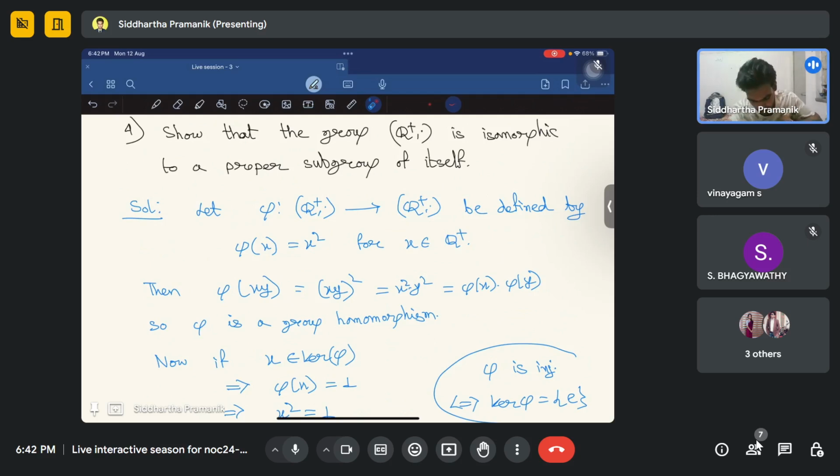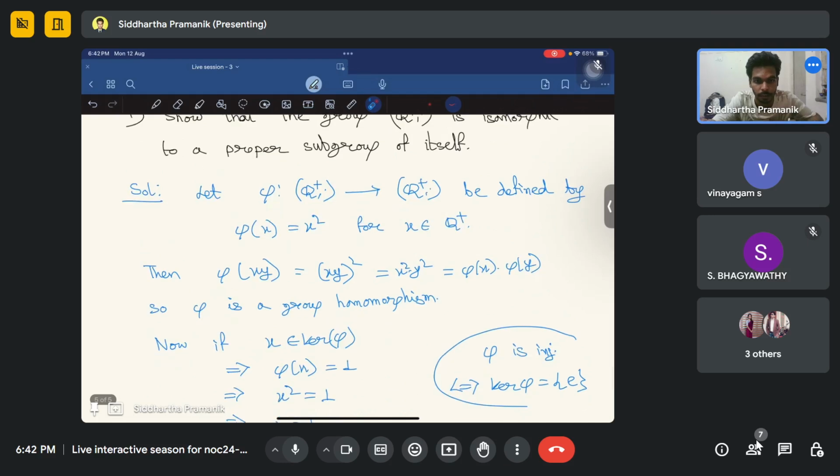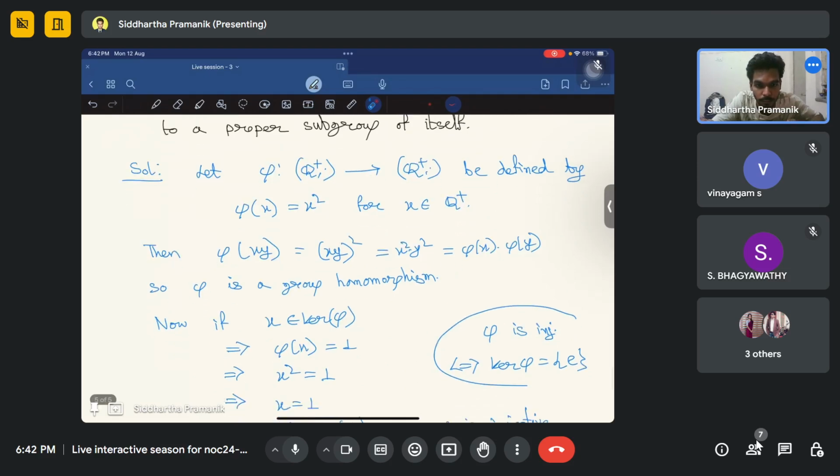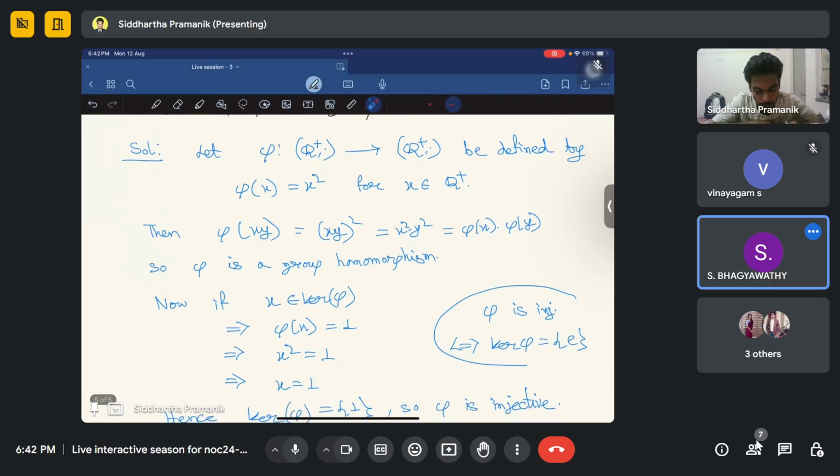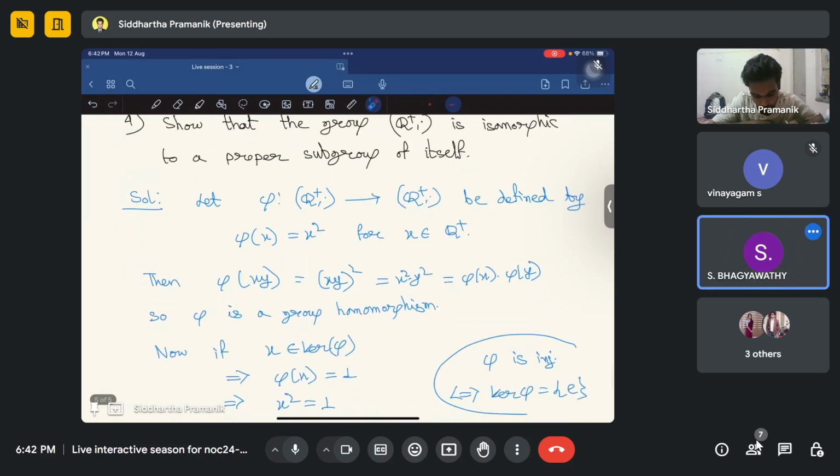Yeah, can you prove this map is not surjective? If you want, you can write it in the chat box also. Non-square numbers.